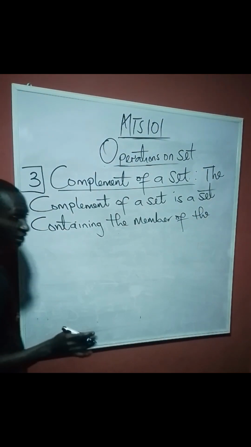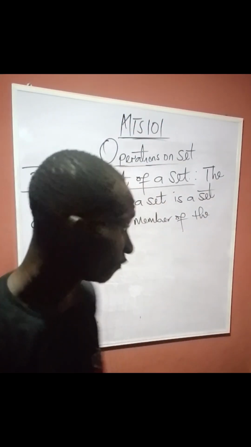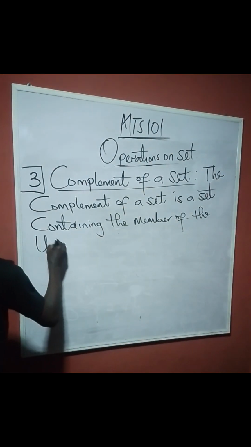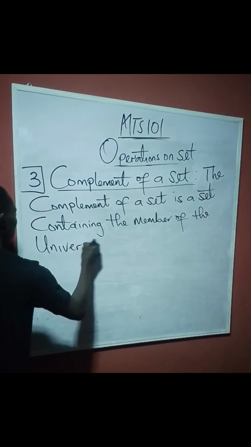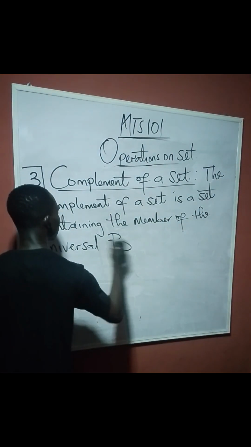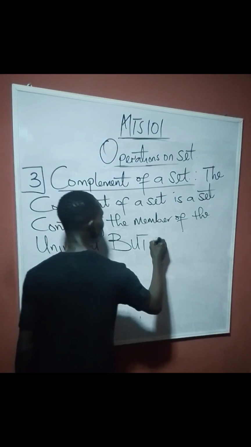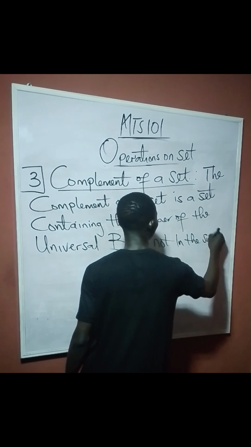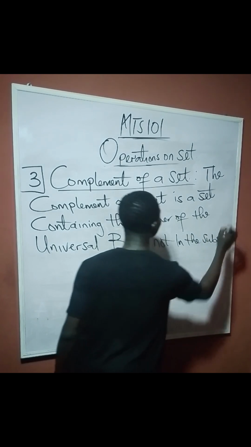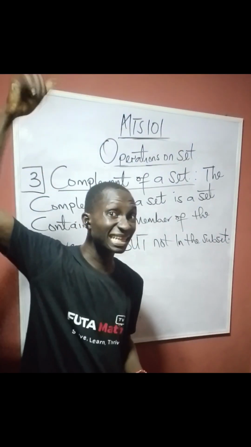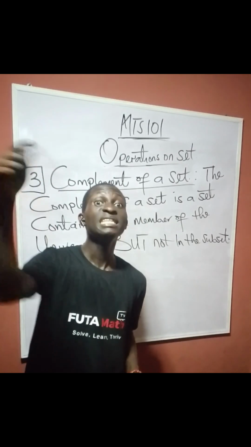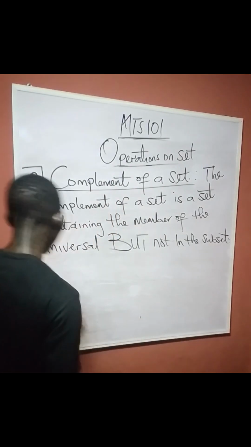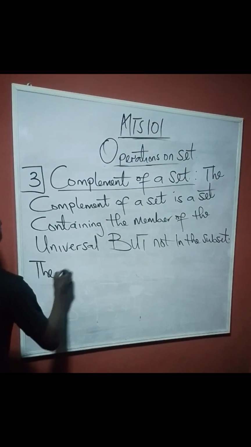Don't forget that a member is the same as an element of the universal set, but emphasis on: but not in the subset. That is, the elements that we have in the universal set, but that are not in the subset.